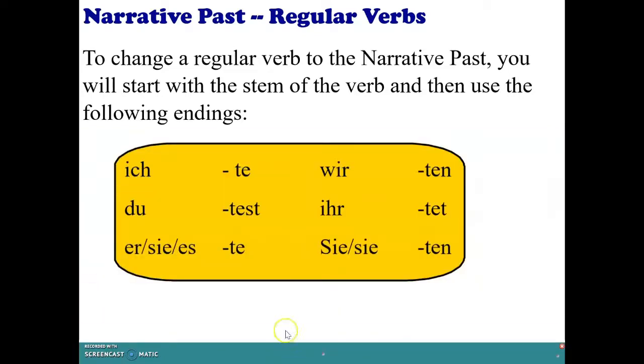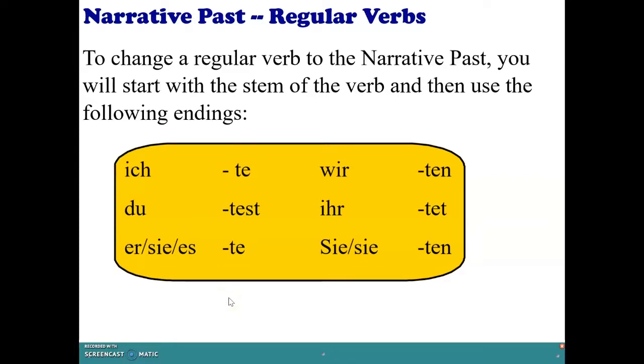So if we have ich as our subject, we'll add a te to that stem. So we would have ich spielte. If we have du as our subject, we add test, spieltest. Er, sie, es would be a te, spielte. You'll notice that your ich and your er, sie, es forms are exactly the same in the narrative past tense.